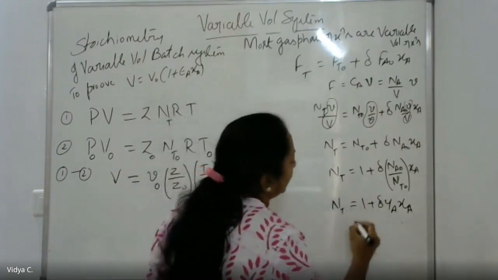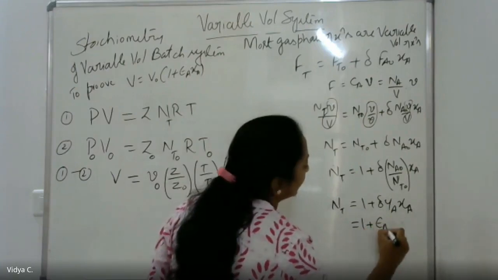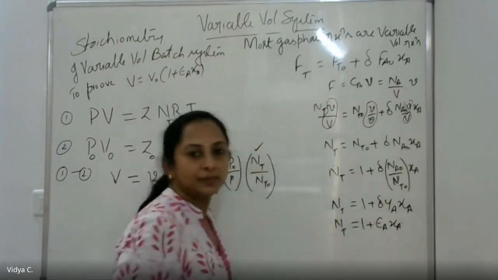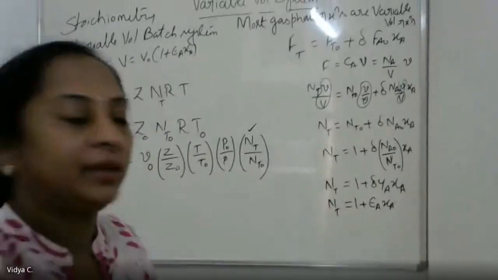Now I'll write this delta into YA as epsilon A. So NT by NT naught is equal to 1 plus epsilon A into XA. How do I define this epsilon?